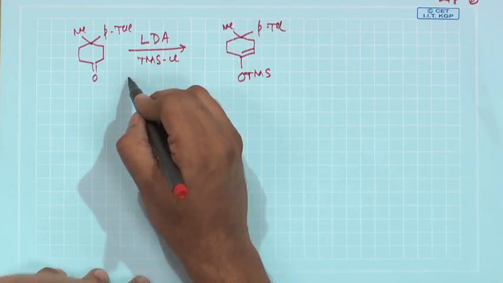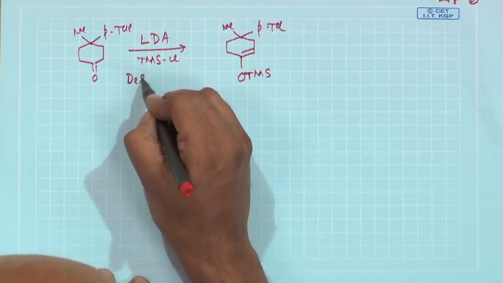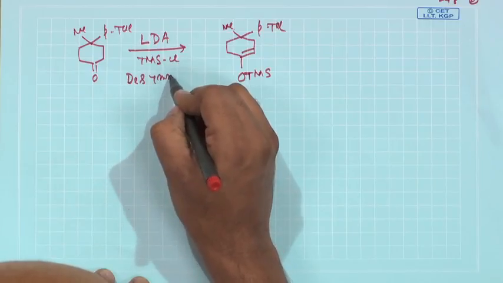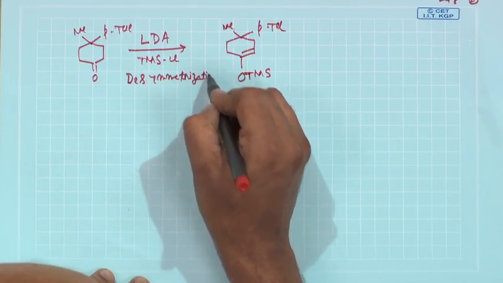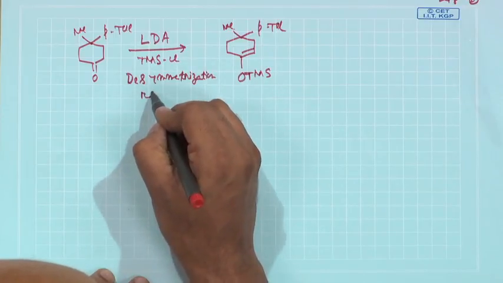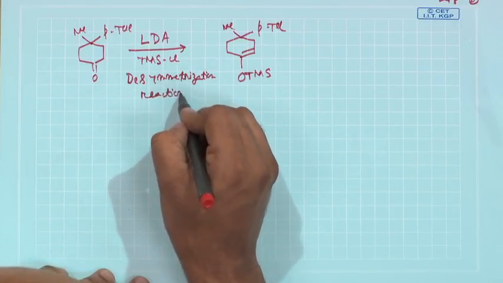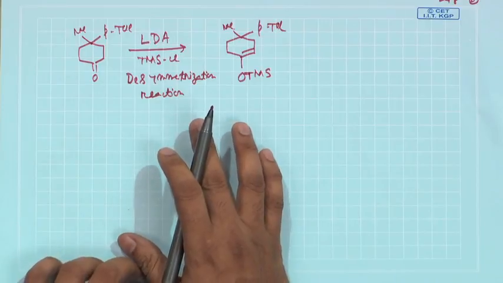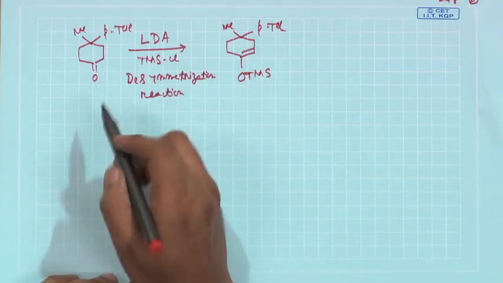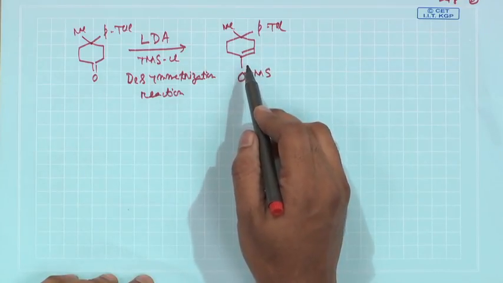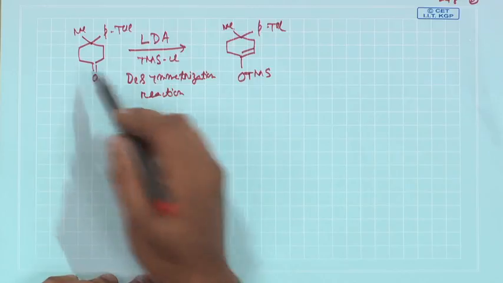So, this particular step is your key desymmetrization reaction. I say single step desymmetrization is always preferred, and you have now accomplished this single step desymmetrization to create a desymmetric enol ether from a symmetrical starting ketone.